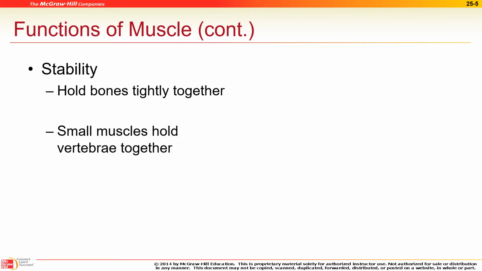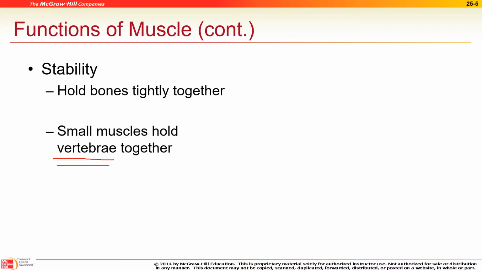Hold bones together. So I mentioned the neck, supporting the neck, all the muscles in front and back of the neck. You really don't know there's a problem until you sleep on your neck wrong or you get hit by a car and then the muscle gets damaged and you can't turn your head. Little tiny muscles hold your spinal column together.